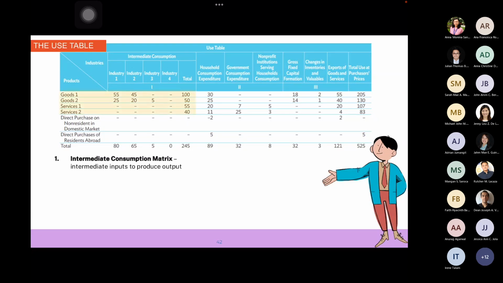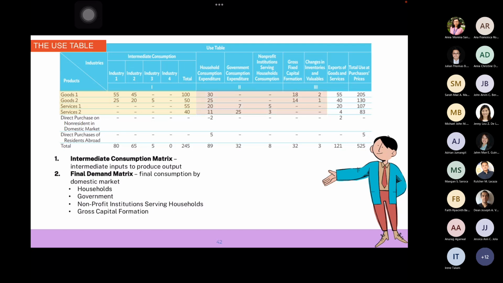So first, we have the intermediate consumption matrix, which covers goods and services required to produce domestic output. So this is measured at purchasers' prices, and it answers the question, what intermediate inputs are required by an industry to produce their output? So next, we have the final demand or the final use matrix that provides information on the costs incurred by institutions in the domestic market on the consumption of final goods or services.